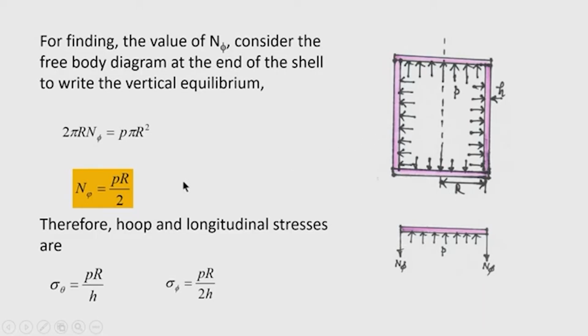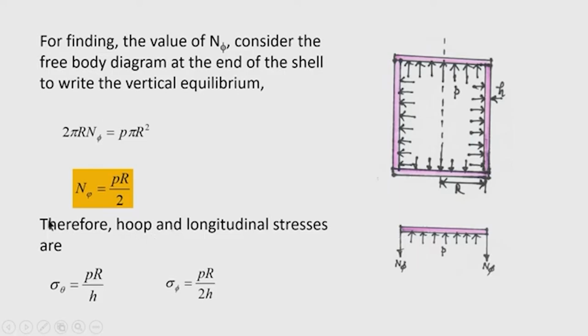So, the total n phi acting at this level is 2 pi r n phi, where r is the radius of the circular cylinder, and it should be balanced by the internal pressure acting on the circular plate of radius r. The total upward load due to internal pressure acting on this plate is P pi r square. So, n phi is calculated as P r by 2.